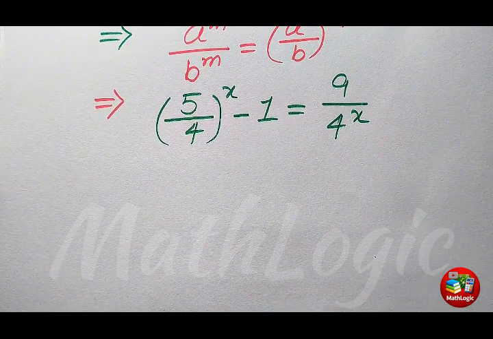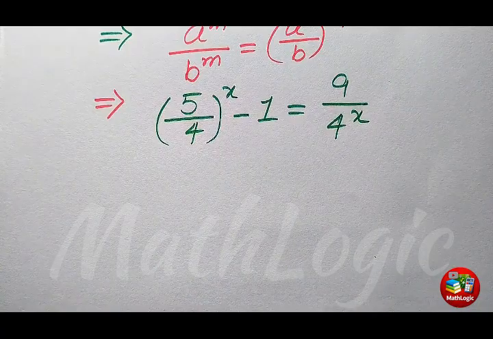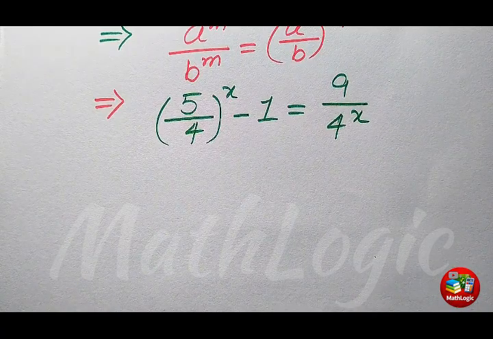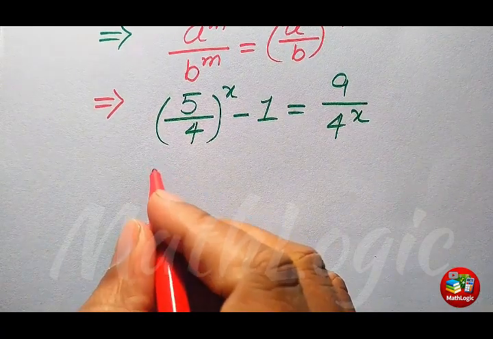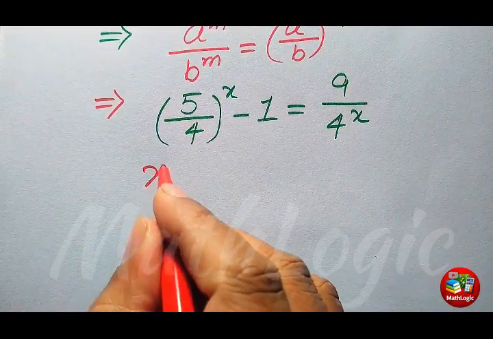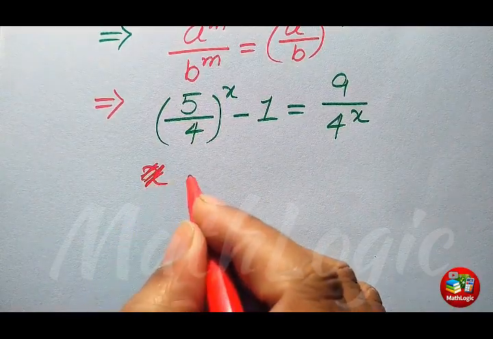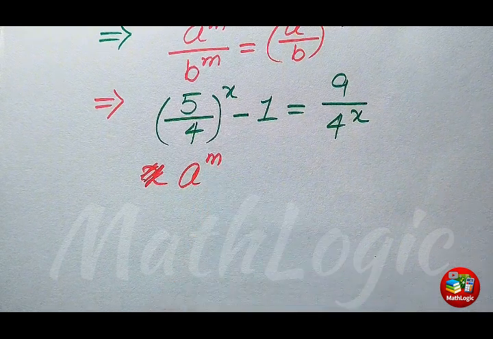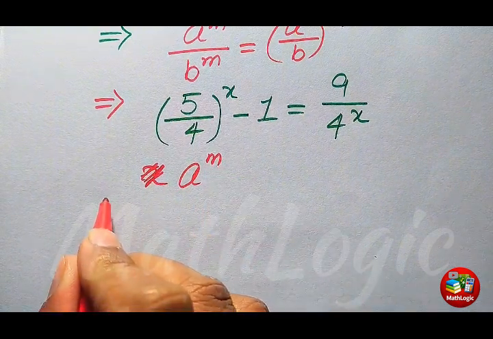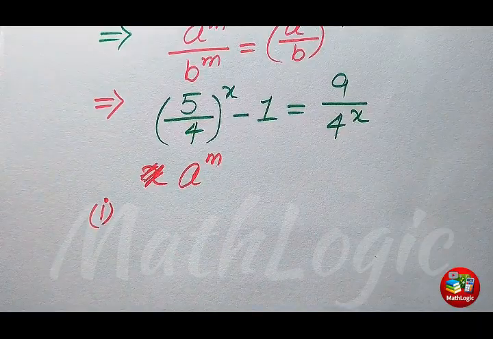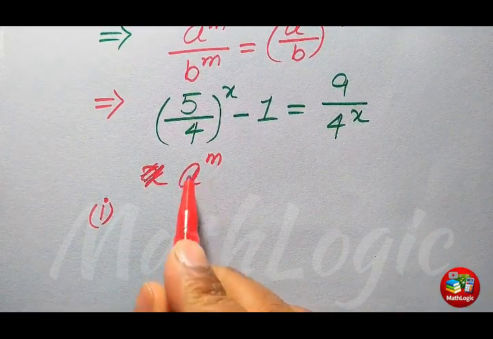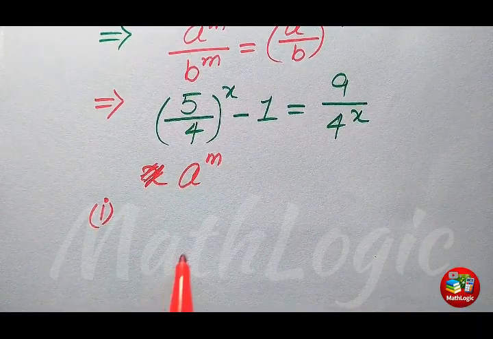So, in order to move forward, we need to define a nice rule of exponents. Remember that if we have a number a to the power of n, then there are two cases from here. There are two cases for this exponential function.